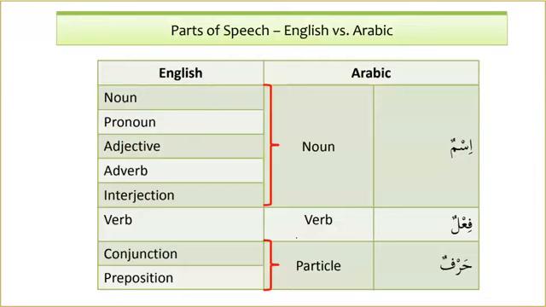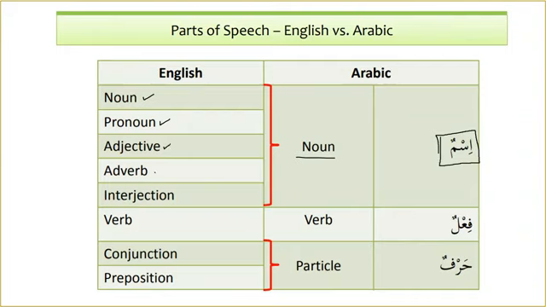Now let's see the difference between parts of speech in English and in Arabic. When we see noun, ismun in Arabic, we can see that it's just noun, as we can see here, ismun, but it covers a lot of things. It covers, first of all, noun itself. It also covers pronoun like he, she, huwa, or hiya. Similarly, it covers the adjective like beautiful, jamilun.